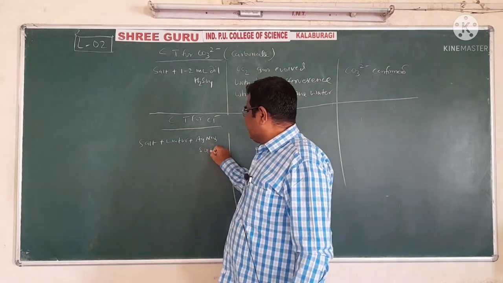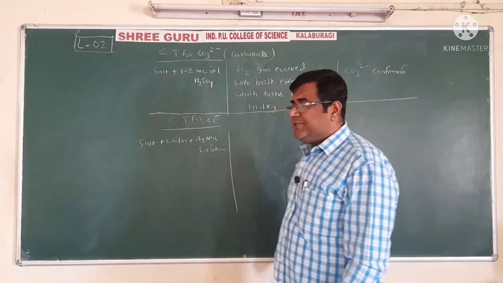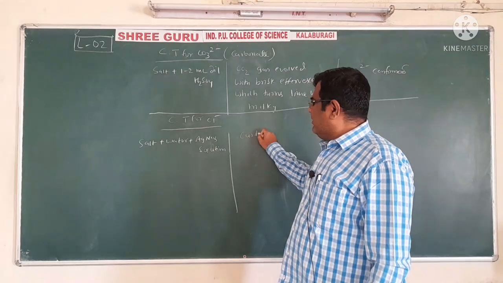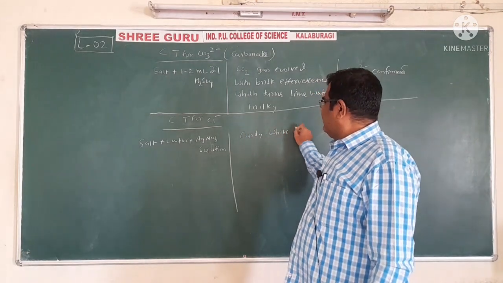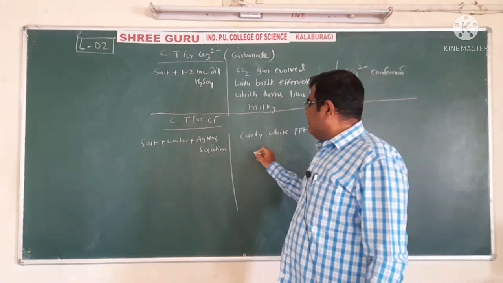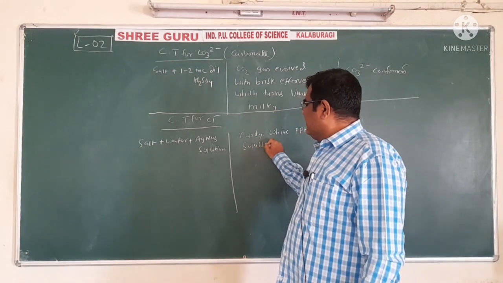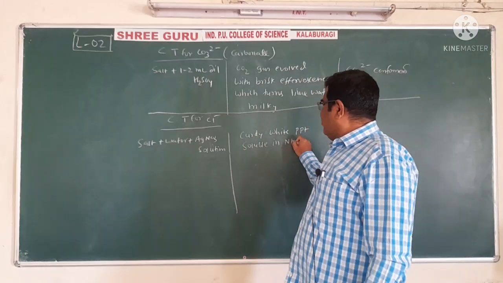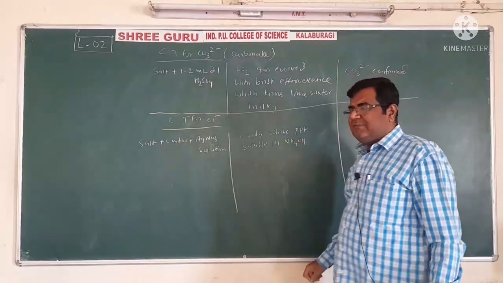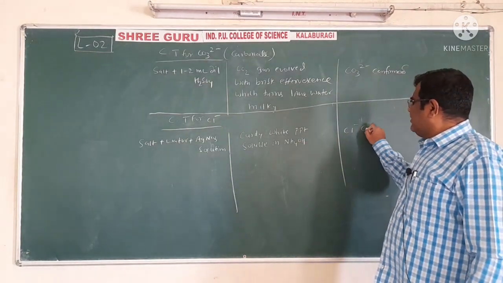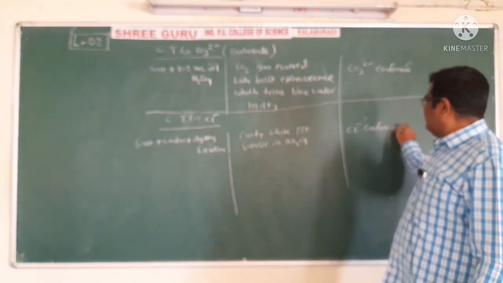Silver nitrate solution. What do we get? We get a curdy white precipitate, and we have to say that it is soluble in ammonium hydroxide. If that happens, we have to say that chloride is confirmed.